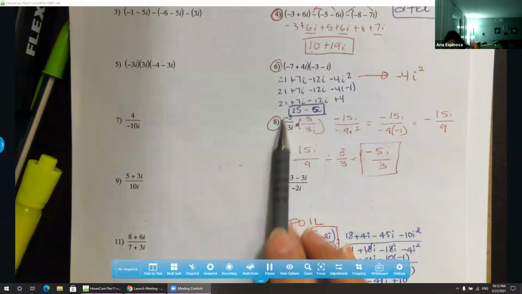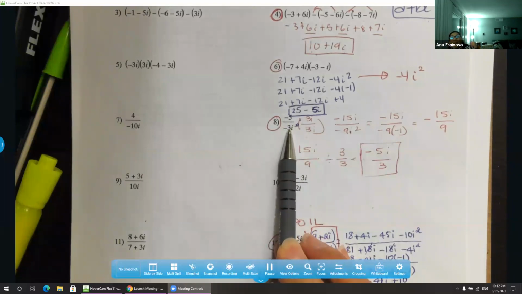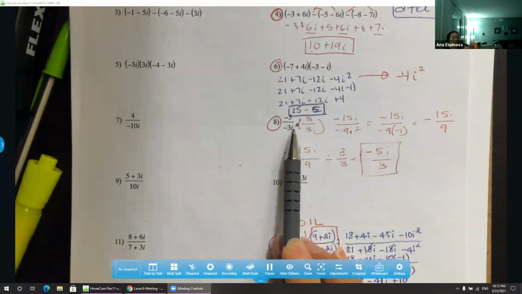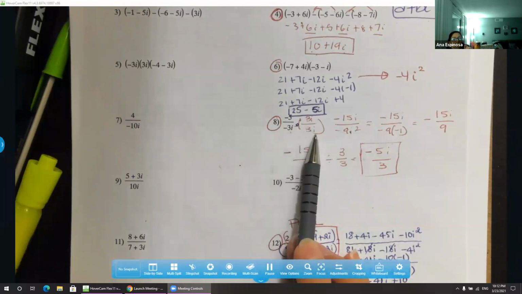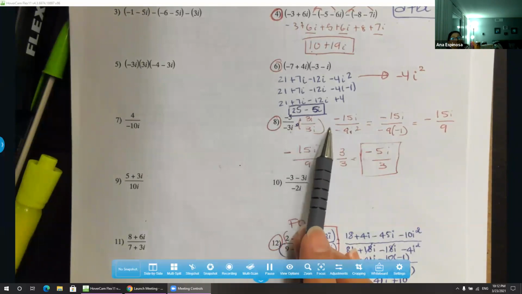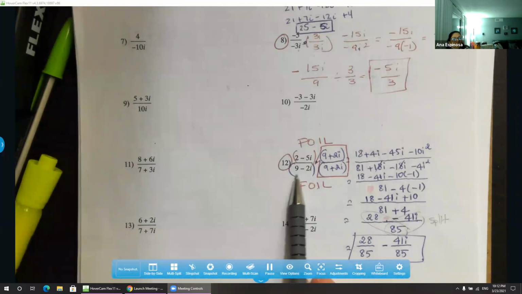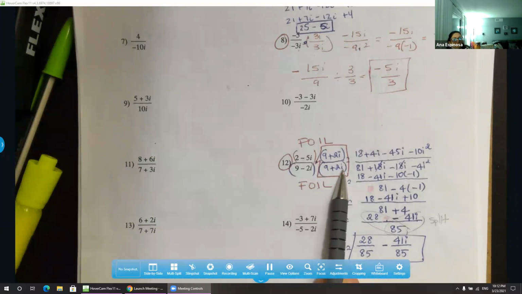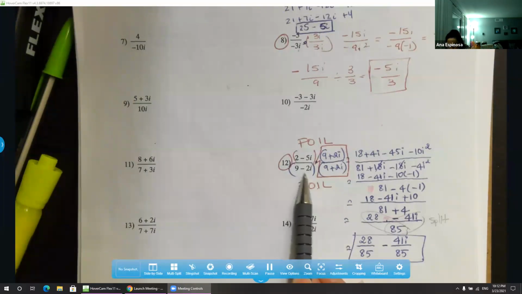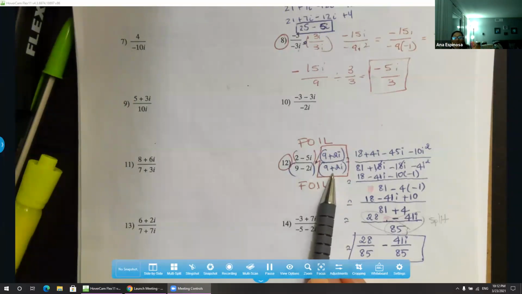For this, because the denominator is a monomial, which is one term, you technically don't have to multiply by 3i. You could just multiply by i, and that is enough to make the i squared disappear. However, when you are dealing with a binomial in the denominator, you do have to make that entire binomial a conjugate, which is just basically switching the sign in the middle between the constant and the i term.